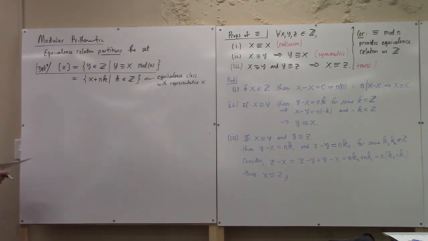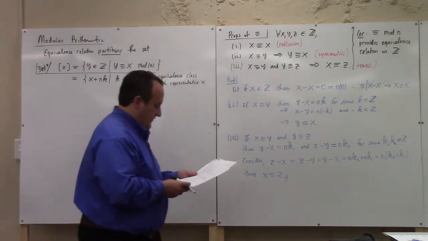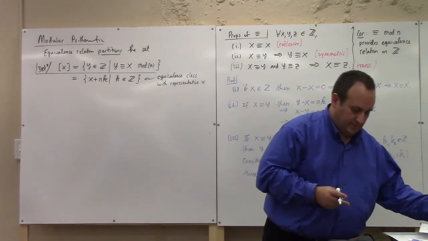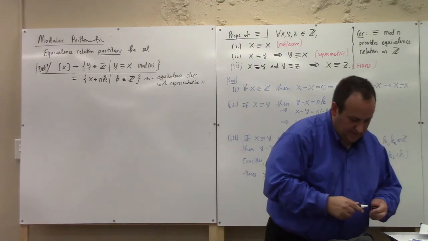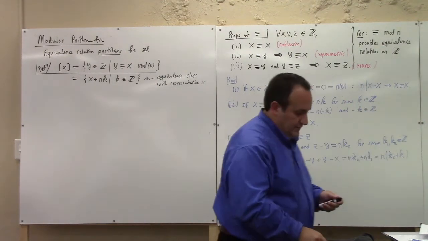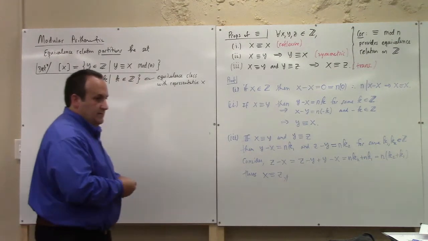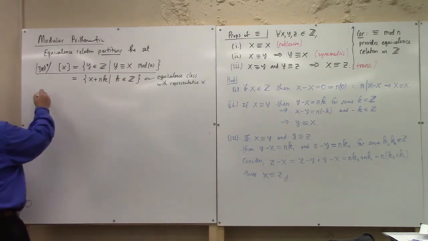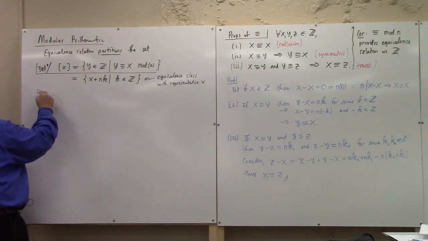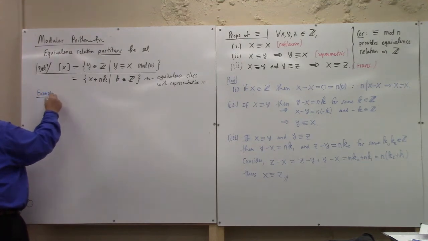So the first, most obvious example that's been with us since the beginning of elementary school practically was even and odd integers. Look at the equivalence class mod 2.